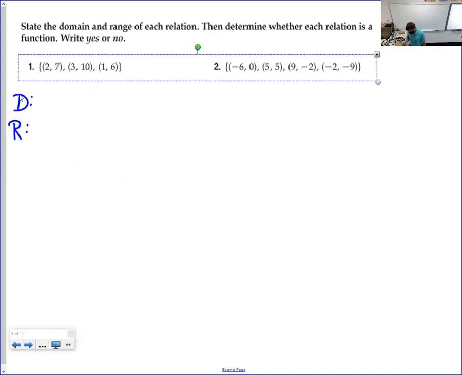The domain, again, this is another thing, and I'll let you guys know when I think things are things that we don't talk about enough in math. When we talk about domain and range, we're talking about a set of numbers. So this is a group of numbers that we're specifically putting together, just like this is a set of ordered pairs.